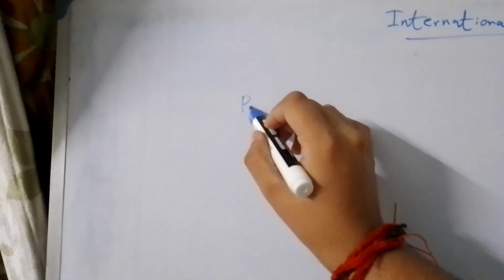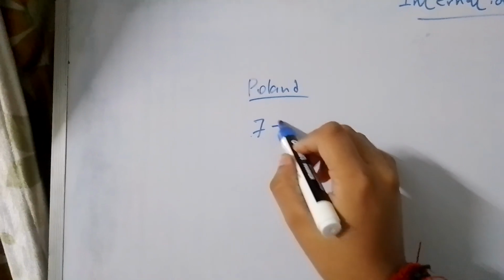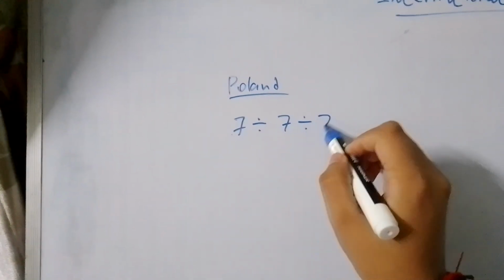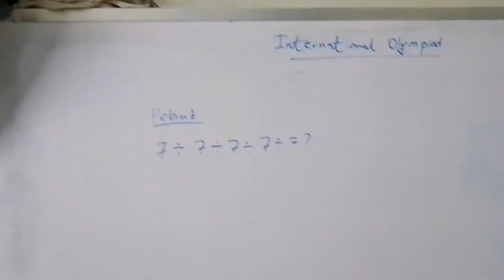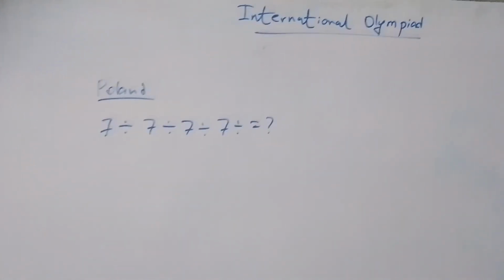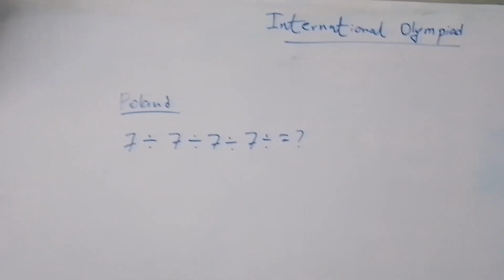So let's see the next question. The next question is from Poland. They give a basic math question. This equals what? In order to do this question, we need the basic laws of mathematics.